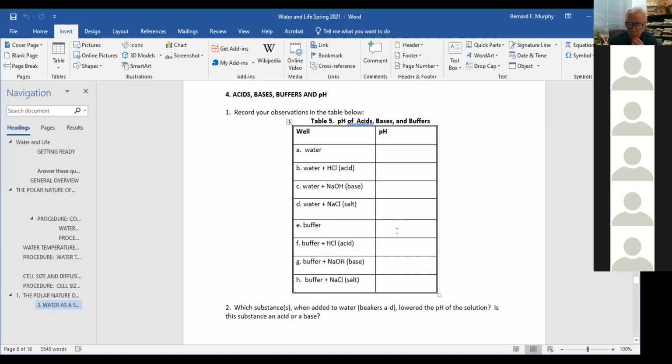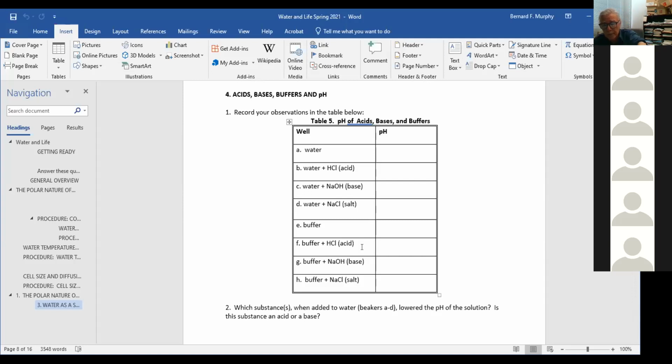Now, you've got the buffer and you've got water. When it says buffer, it means the buffer's in the water. You add a drop of hydrochloric acid. What happens to the pH? Goes down, but how much? Just a little. It still goes down, but just a little.